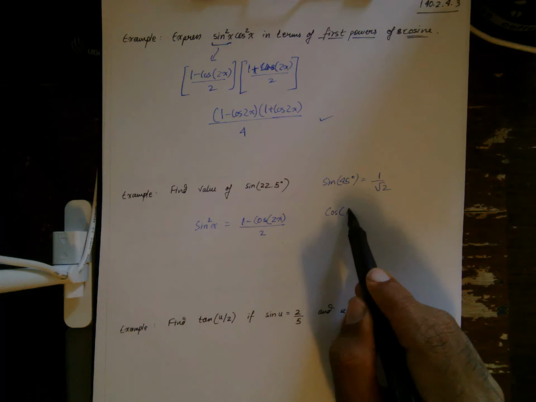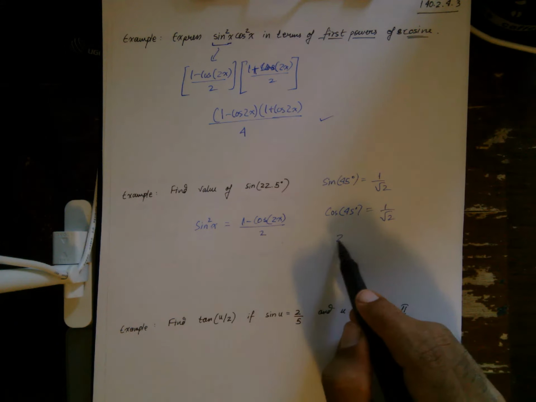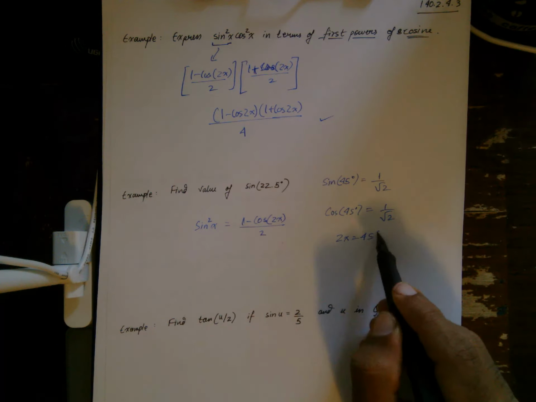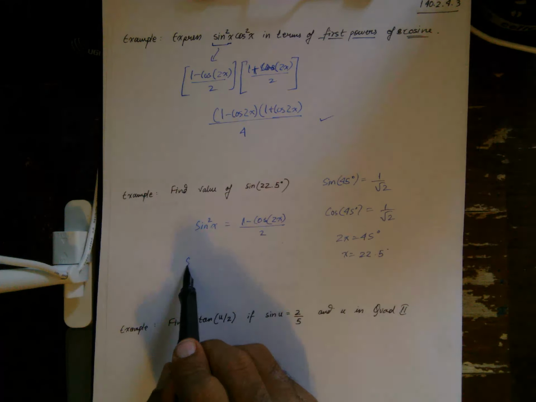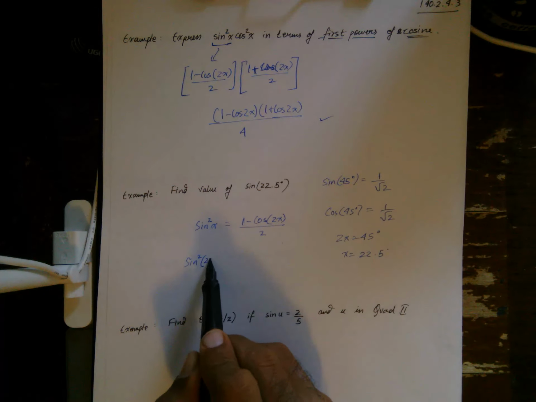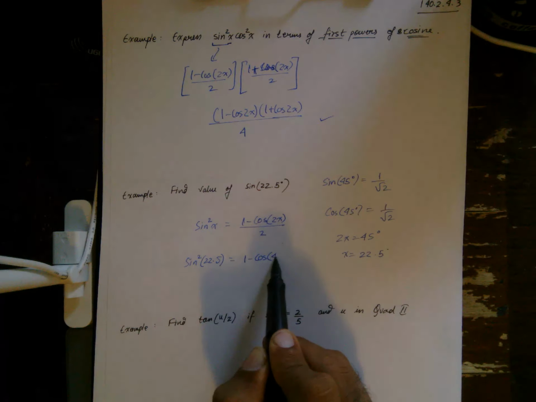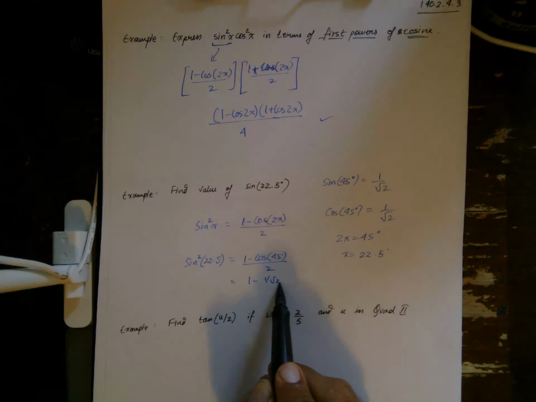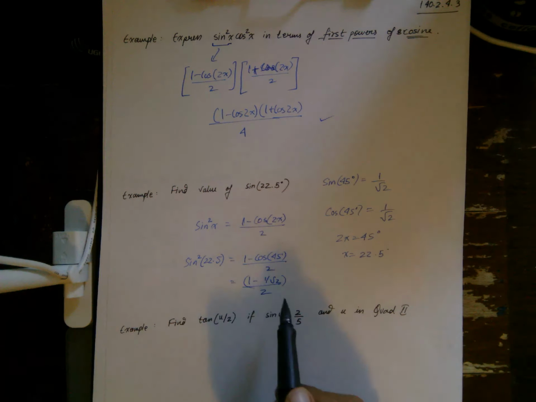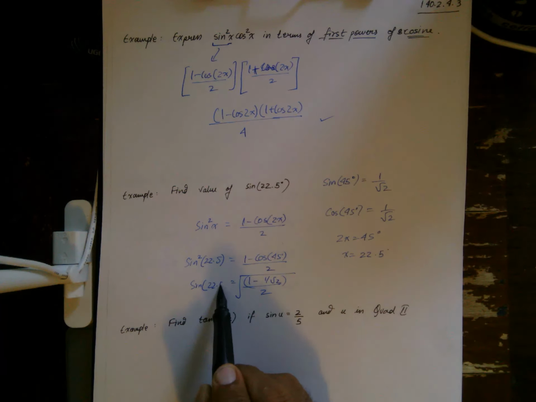Cosine 45 is 1 over root 2. So if 2x is 45, x is 22.5. So sine squared 22.5 is (1 minus cosine 45) over 2, that is, (1 minus 1 over root 2) over 2. You take the square root, and it's going to give you sine 22.5.